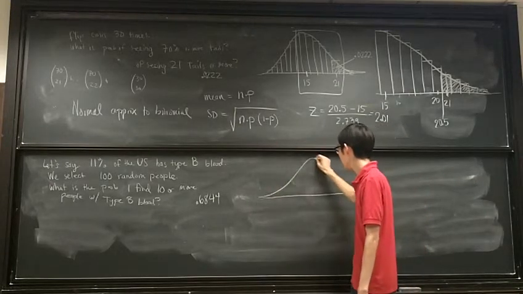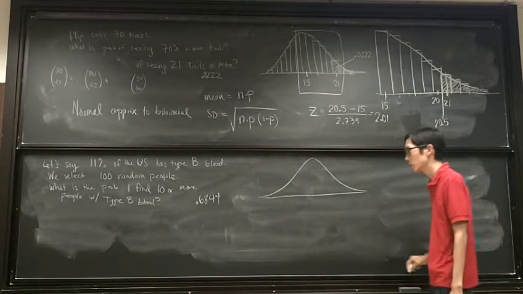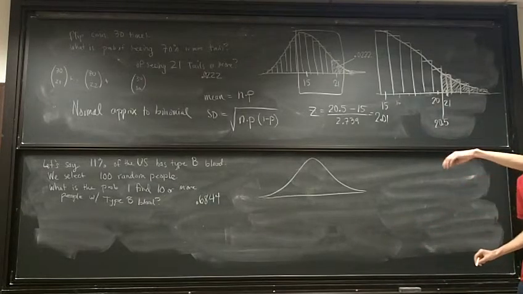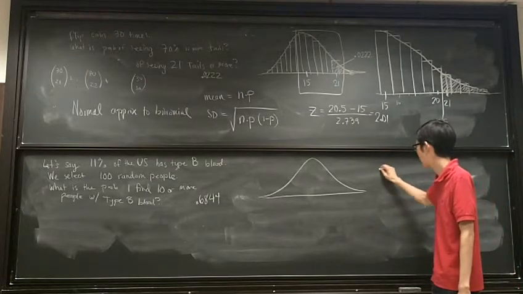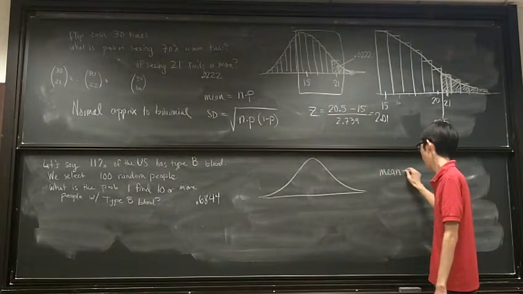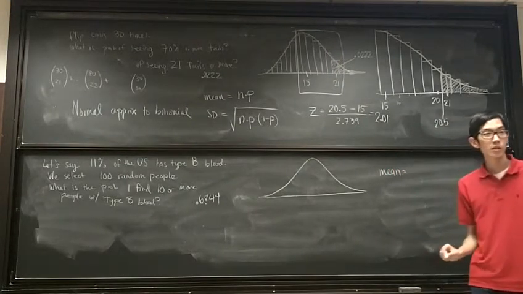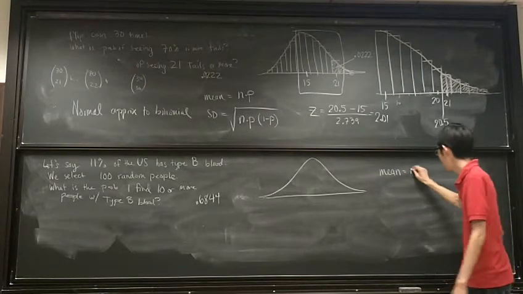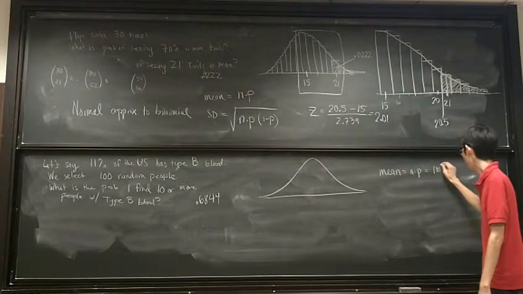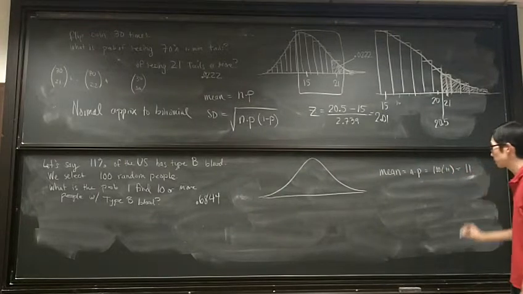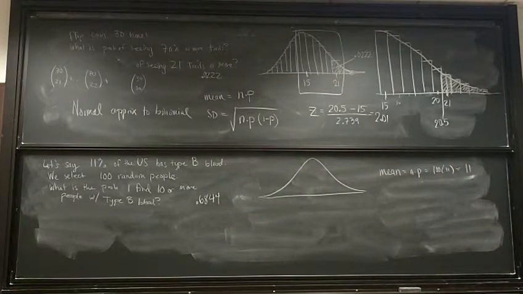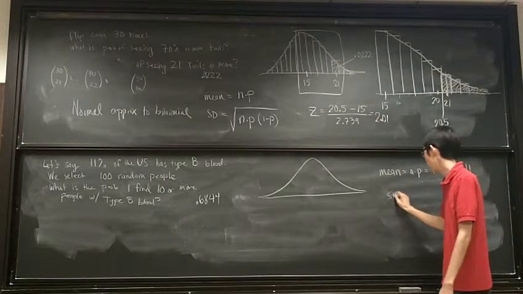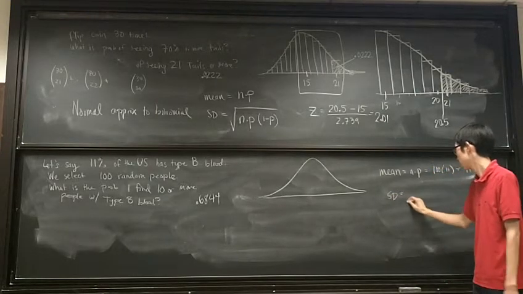If I make a normal distribution to approximate this binomial distribution, what is the mean going to be? The mean is equal to N times P. If I pick 100 random people, how many people do I expect to have type B blood? 11. So I do N times P. I'm expecting 11 people to have type B blood. What's my standard deviation going to be?